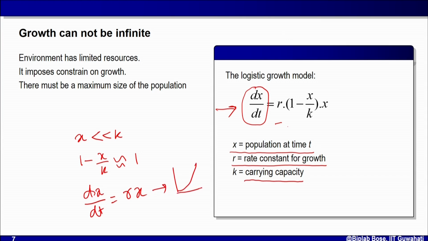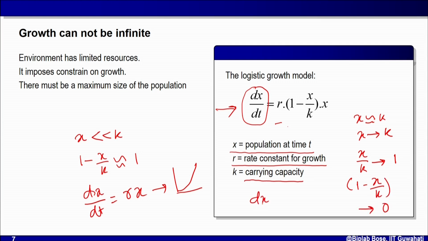But after some time what will happen? x will become close to k, or I can write x will start approaching the carrying capacity k. So then x by k will be moving towards 1, and 1 minus x by k will tend towards 0.